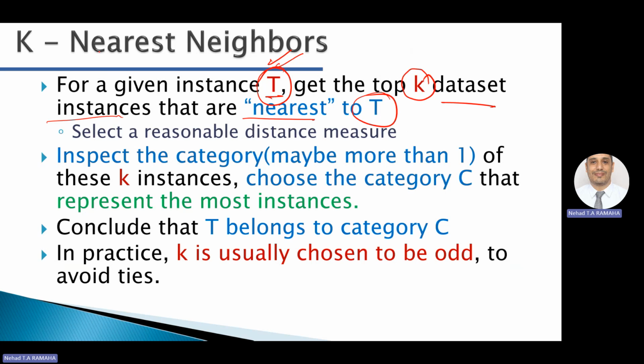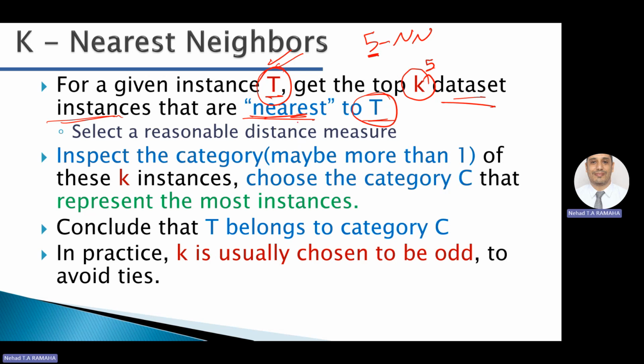If we speak about K nearest neighbor, for example 5NN, what's the meaning of 5NN? It means K is 5. So if K equals 5, the data set instances, meaning elements in the data set, that are nearest to T, the new data.